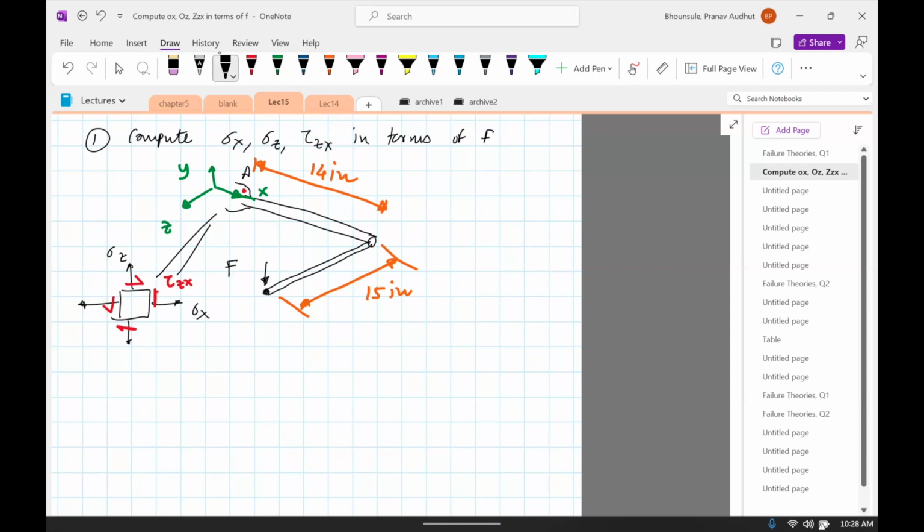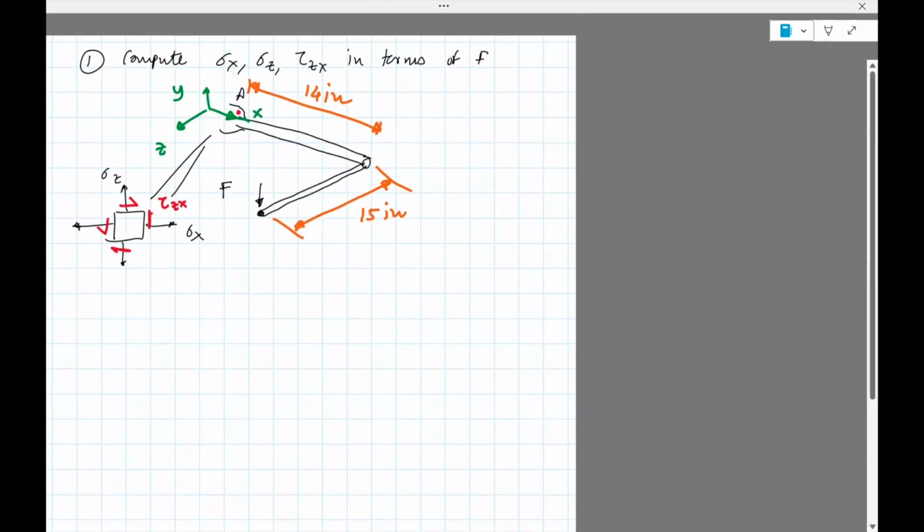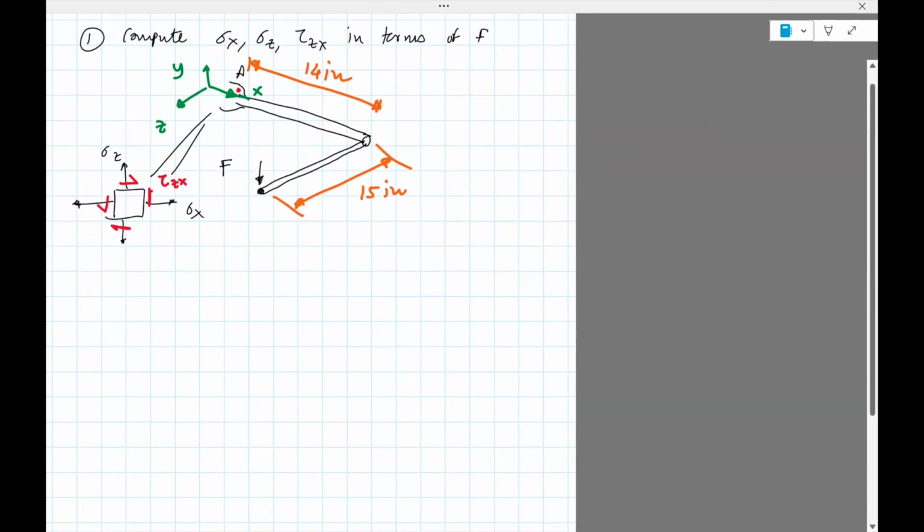Probably the easiest one is to see what the effect of the force F will lead to: a torque, right? And the torque is clearly due to this force times 15. It's going to cause a torque in this fashion. So that torque will clearly cause the point A to have a shear stress tau zx.